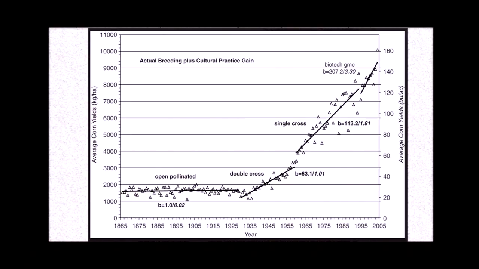So this gives you an idea of what's happened over the last 150 years or so. For a long time, to about the 1920s, the yields were about the same. So we got more food just by planting more fields. Then genetics really kicked in, and we started to do real plant breeding, and we started to get an improvement in the yield. And then we started to look at F1 hybrids, and corn started to keep going and going and going.